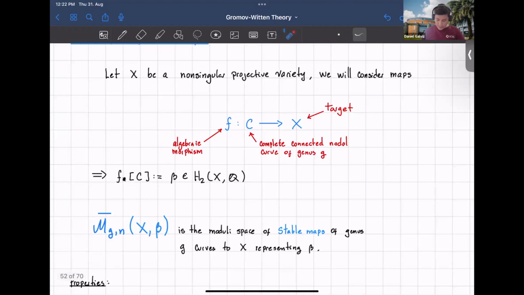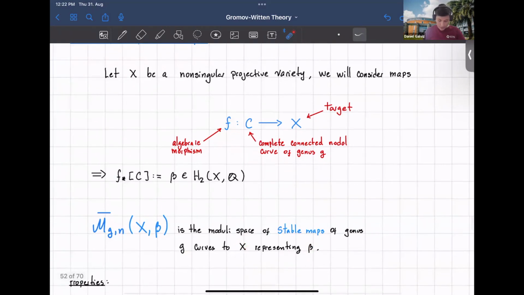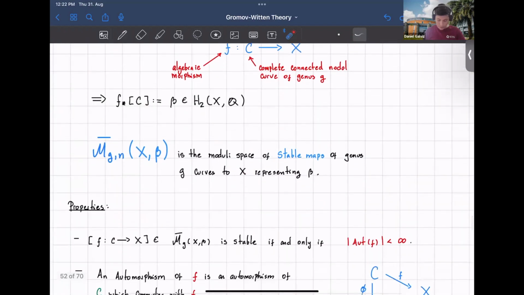So this is the moduli space of stable maps. The previous one was stable curves, because we were just counting curves. Now we are counting curves embedded into the ambient space X, and these are stable maps, because this gives you the map of genus g to X representing this fundamental class. This is just what I explained.